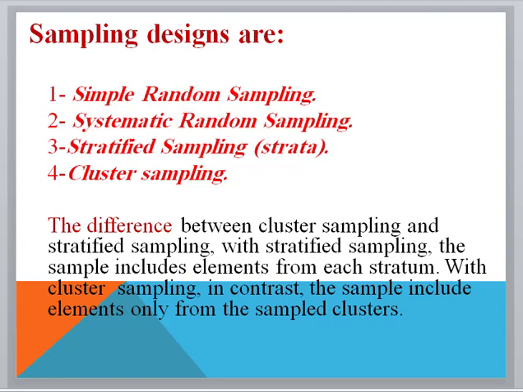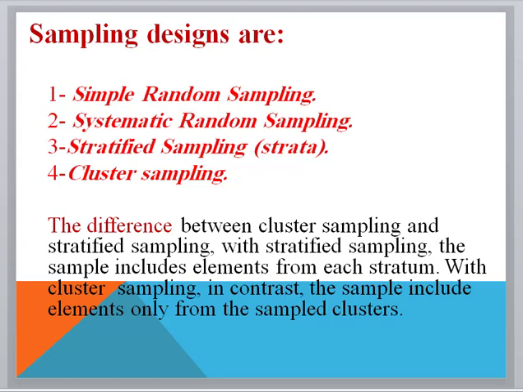As regards stratified sampling, the population is divided into groups based on some characteristics. Then, within each group, a simple random sample is selected. In stratified sampling, the groups are called strata.